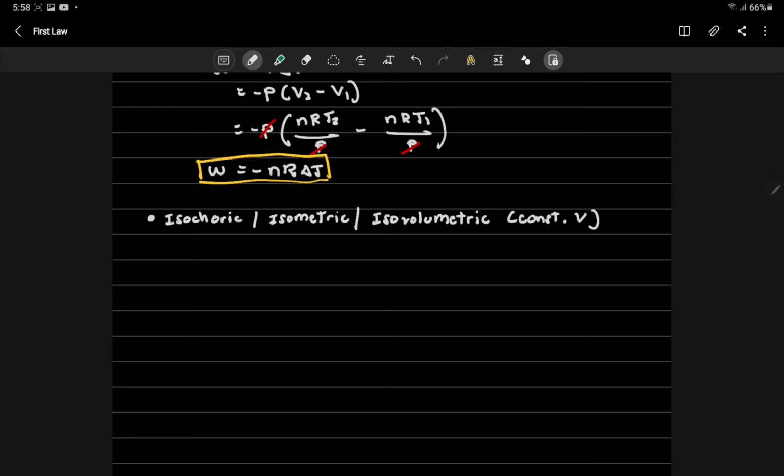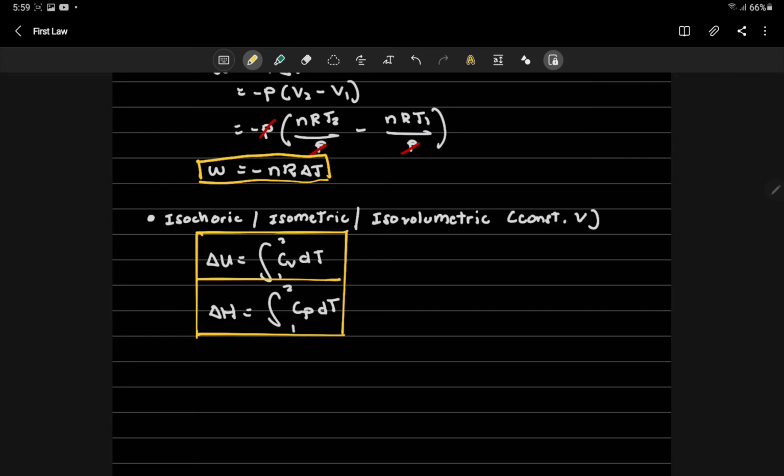Okay. So how do we get delta U? O di ganoon pa rin, integral of CV dT. Delta H, the same. Integral of Cp dT from initial to final state. How about work? Si work, di ba?